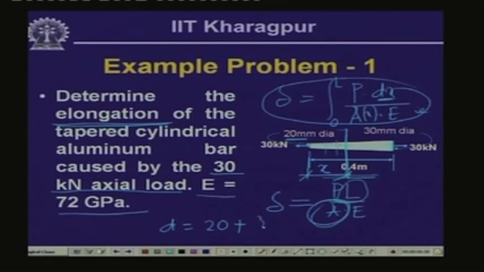Since on this side we have extra over 20 on both sides, this is 2 times that. So, 20 plus 30 minus 20 times x by 400, which is nothing but 20 plus x by 40. This is the diameter at this cross section which is at a distance of x from the left end. So, let us now compute what is going to be delta for this particular case.